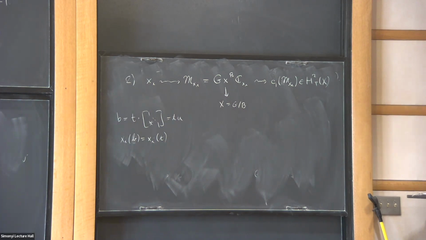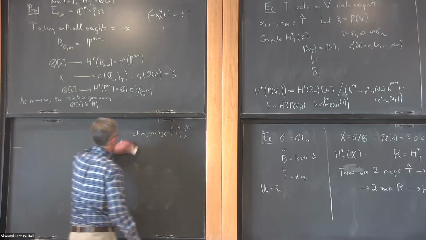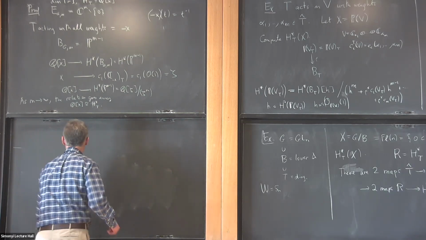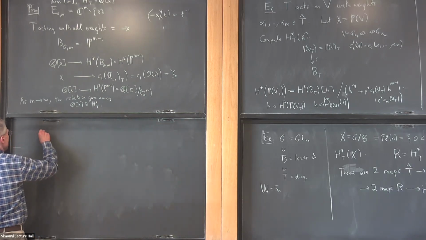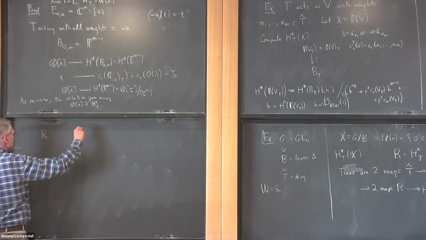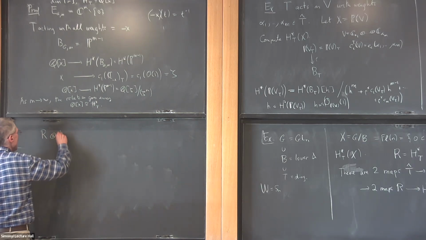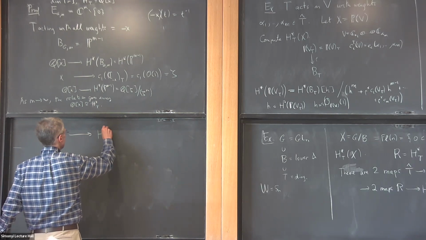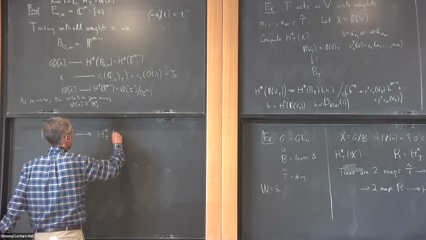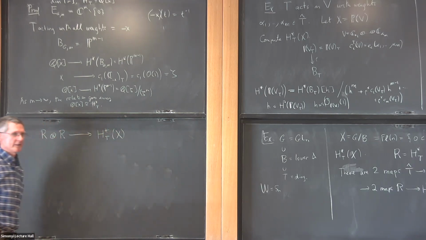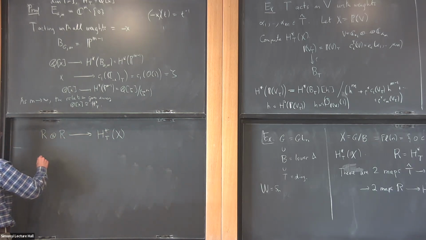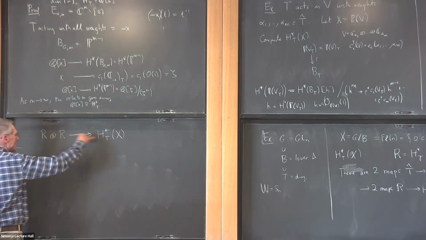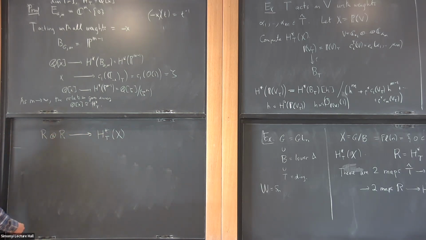So putting these together, I have two maps from R into this ring. So I have a map R tensor R into H^*_T of X. Again, this is the first map on the first factor, the second map on the second factor.